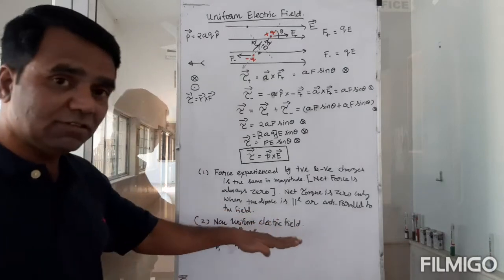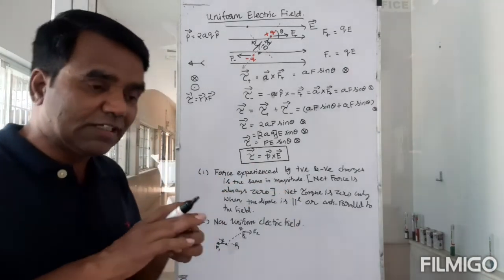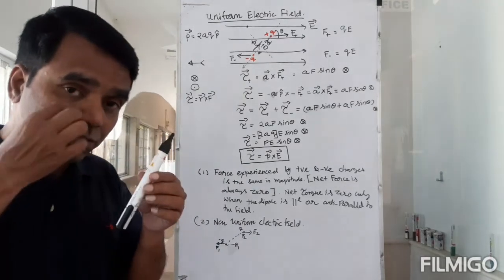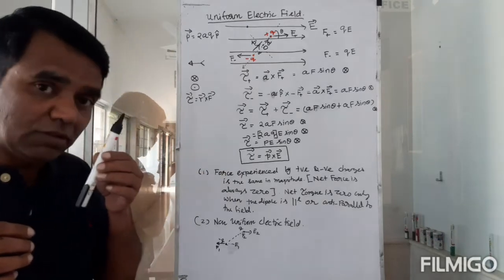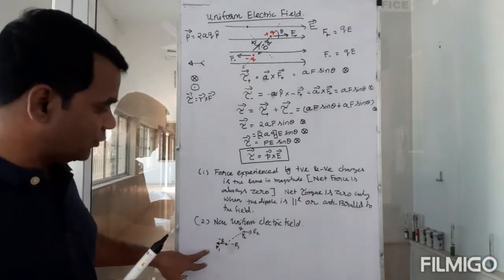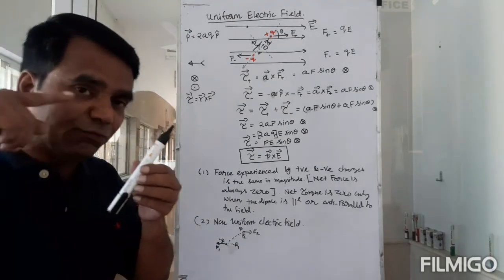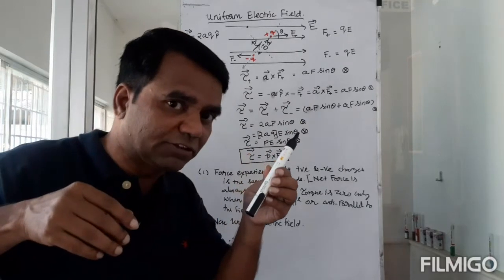If this is greater and this is smaller, then there is a net force. So that net force will try to push the dipole in this direction. Suppose F2 is greater and F1 is smaller, then what happens? There is a net force in this direction. So the dipole will try to move in this direction.